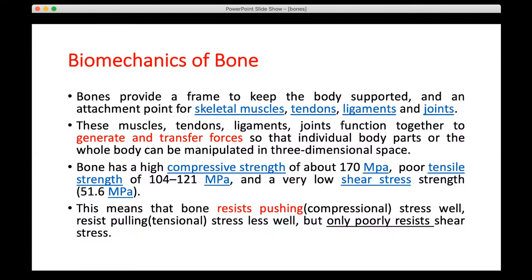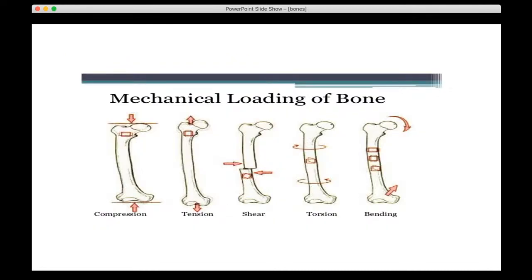I think it is clear now. So your bone is at number 1 in compressive strength, number 2 in tensile strength, and poor in shear stress. Now the next graphic will make it more clear what kind of stresses I am talking about. Please focus on the figure on the next slide. This picture will make very clear what I am talking about regarding the strengths.